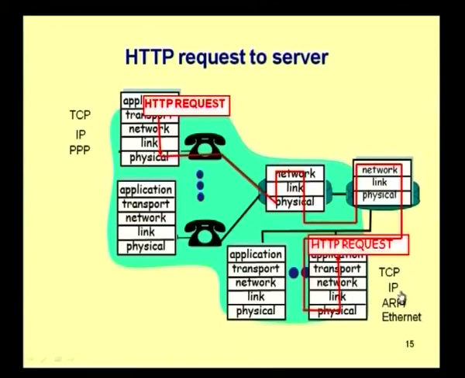Before I send the packet, I would have first sent the ARP request and obtained the ARP response. From that, I would have found the MAC layer address, and then the actual frame would be sent. Once I come to the network layer, before it is passed to the link layer, it will wait for some time, do this ARP activity, and then pass the frame to the link layer, and finally the HTTP request will be delivered over here.